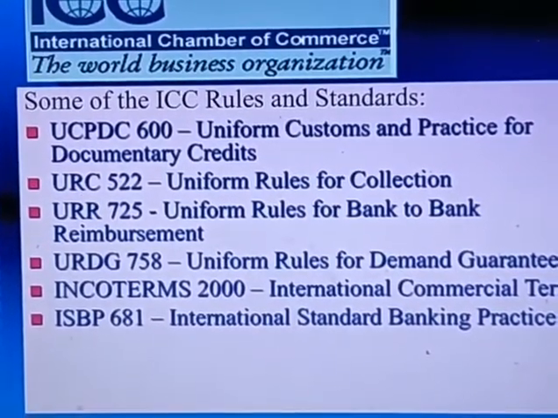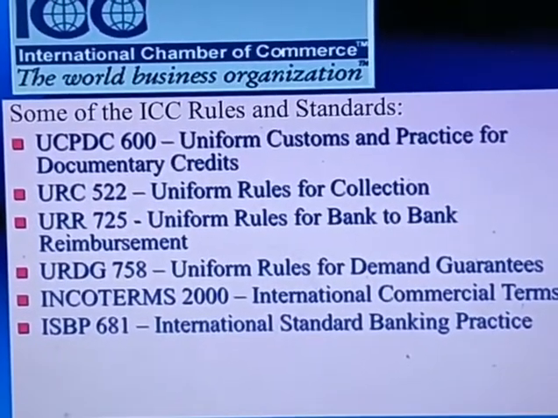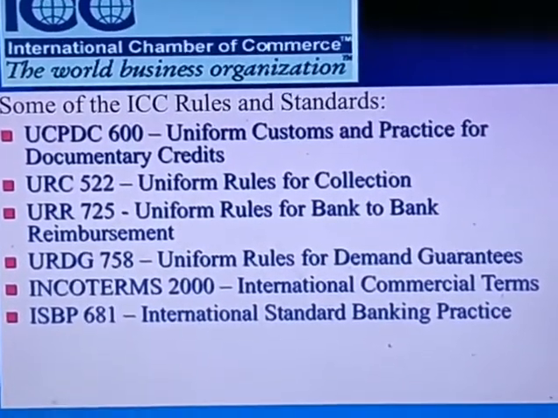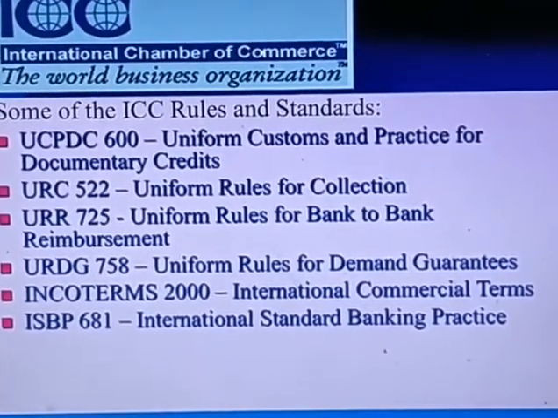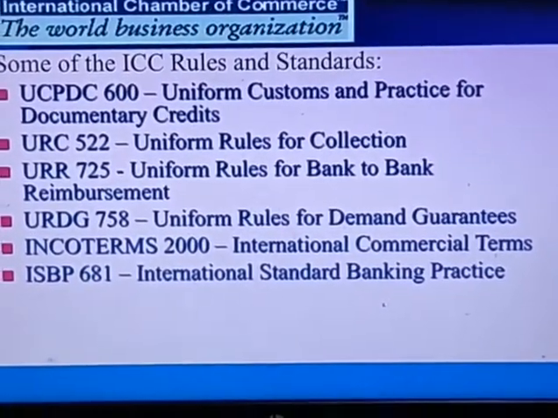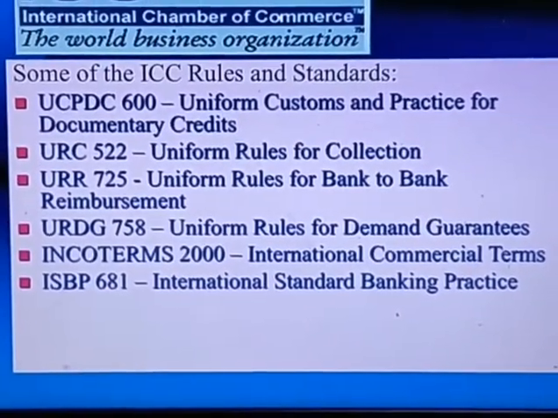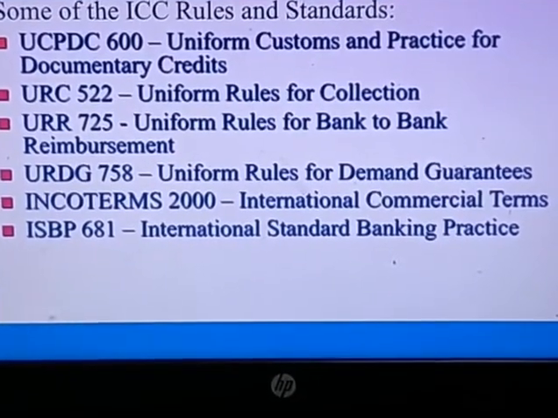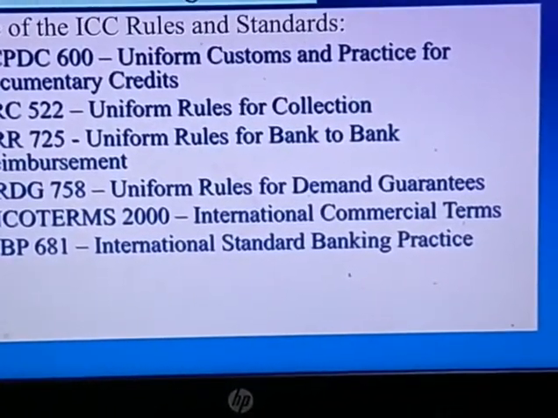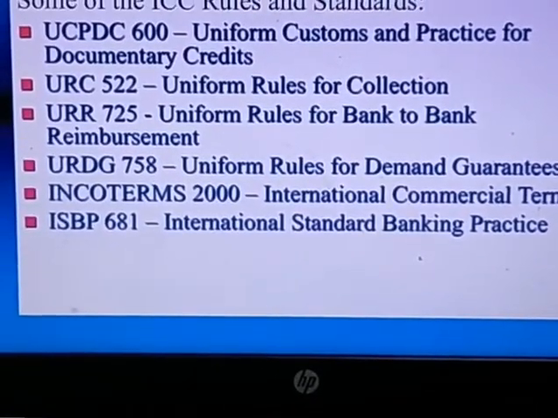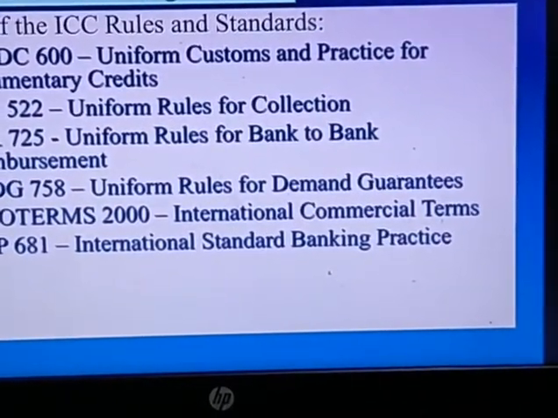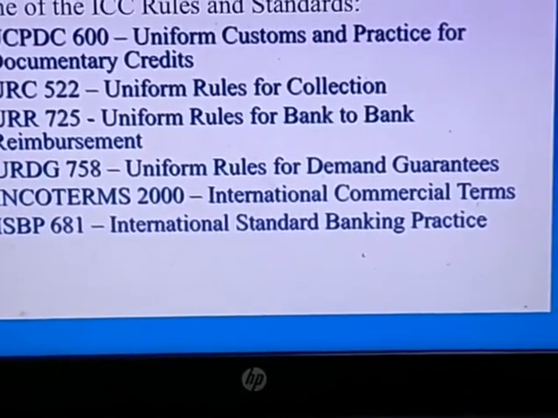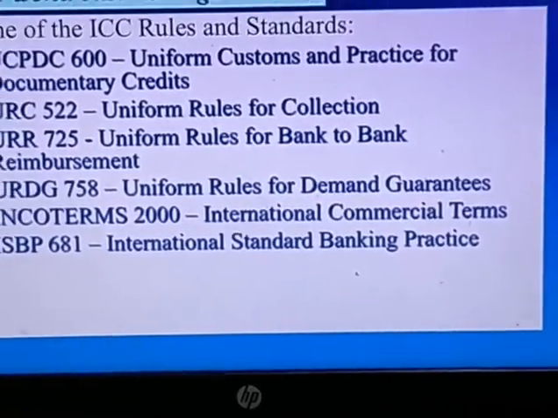Please see the ICC Rules and Standards: UCPDC 600, Uniform Customs and Practice for Documentary Credits; URC 522, Uniform Rules for Collection; URR 725, Uniform Rules for Bank-to-Bank Reimbursement; and URDG 758, Uniform Rules for Demand Guarantees; INCOTERMS 2000, International Commercial Terms; ISBP 681, International Standard Banking Practice.